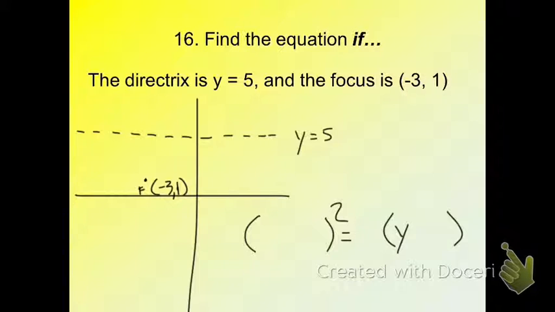The vertex is going to be in the middle of that right there. So the distance from 5, my directrix, to 1, the y value of my focus, that distance is 4. So I would go half that distance for my p-value to find that vertex.